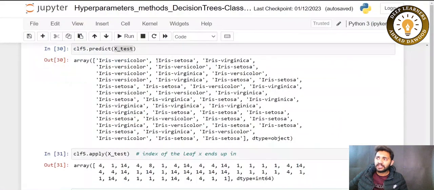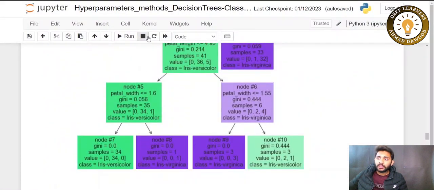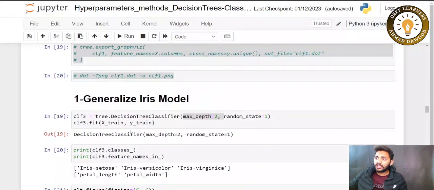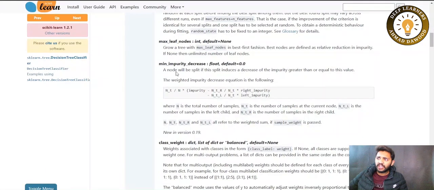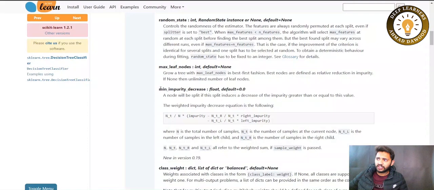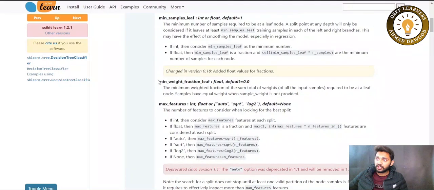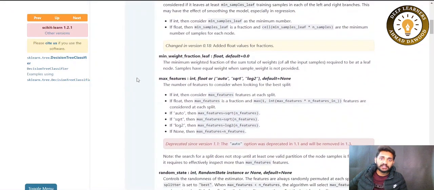I have not passed any sample weights during the training phase, and I have not set class weight equal to balanced. So there is no class weight or sample weight associated with each sample. That's why I have not used the weighted fractions or minimum impurity. Oh, sorry, this one I have used, the min weight fraction leaf, and these are associated particularly with the weights.